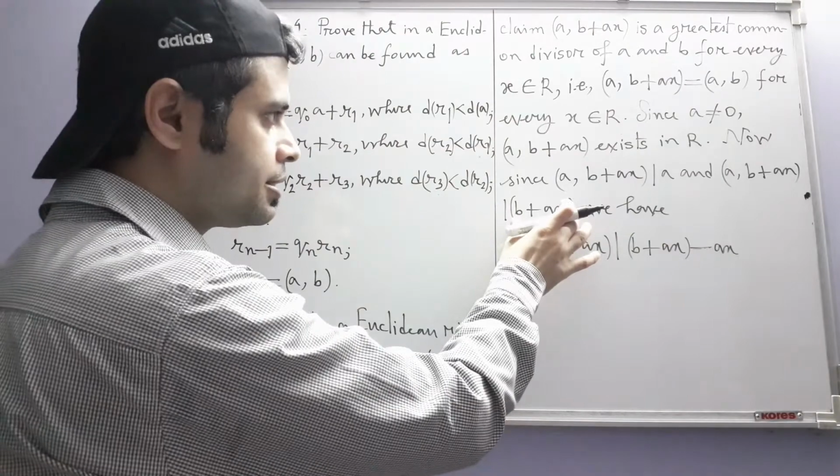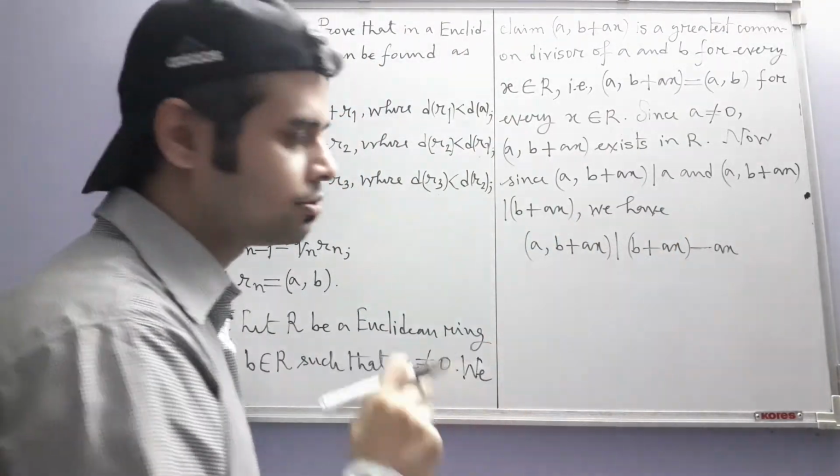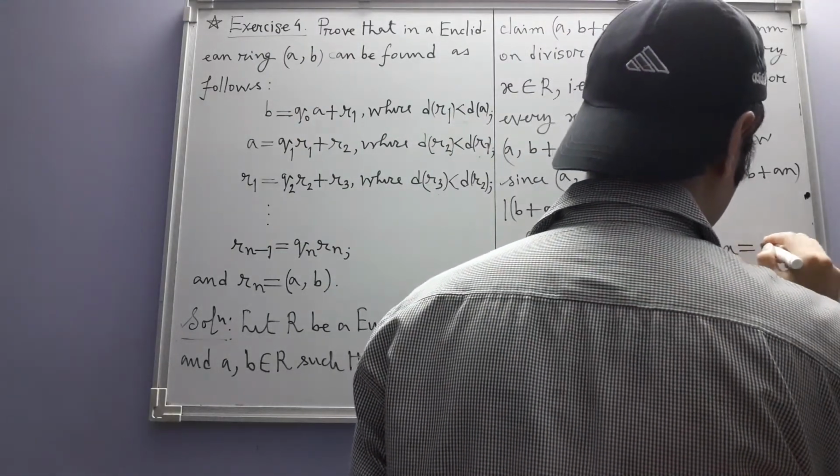It is dividing this element, and also this element, so it will divide such a combination of these two elements, which is nothing but B.